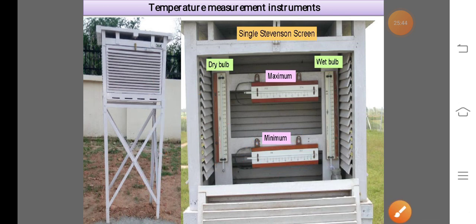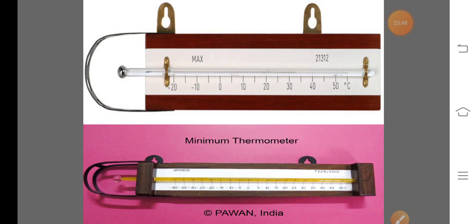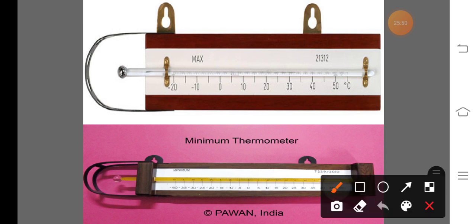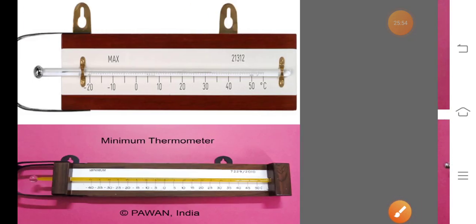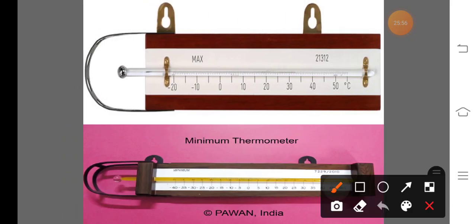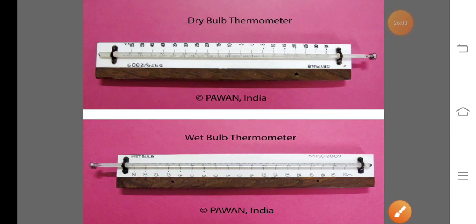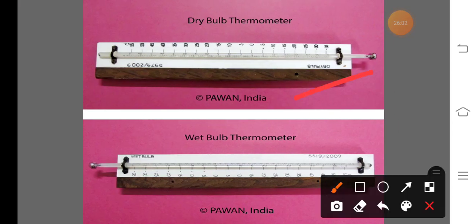So these are the different units of temperature. Now see here, the maximum thermometer, the minimum thermometer, and next, the dry bulb thermometer and wet bulb thermometer.